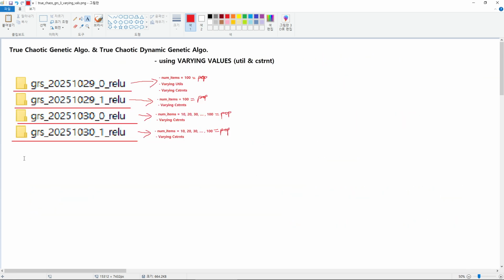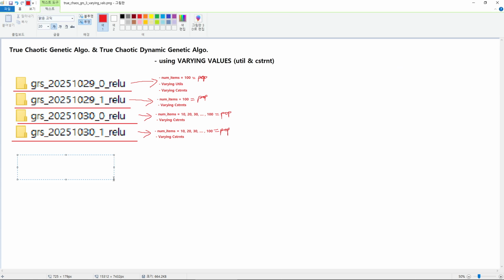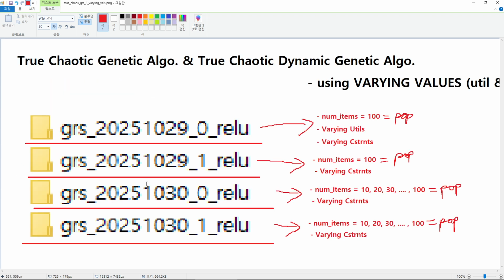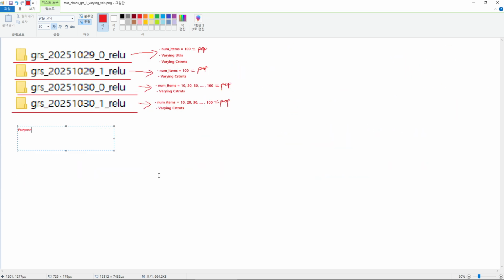The purpose was to introduce more randomness in otherwise what is pretty much fixed.